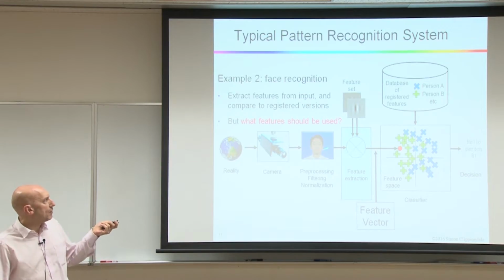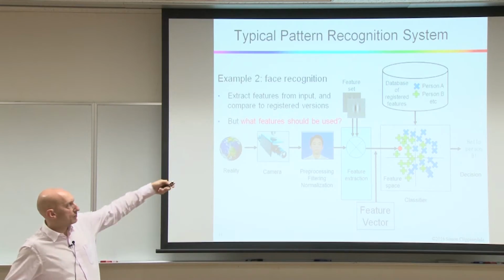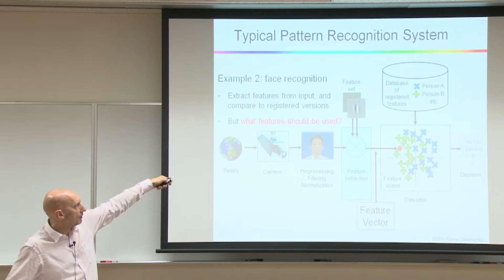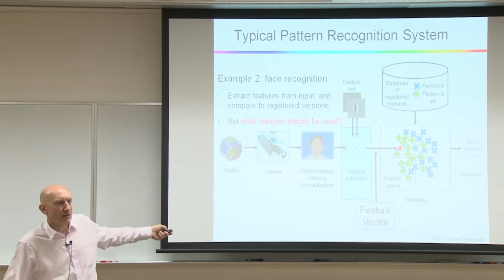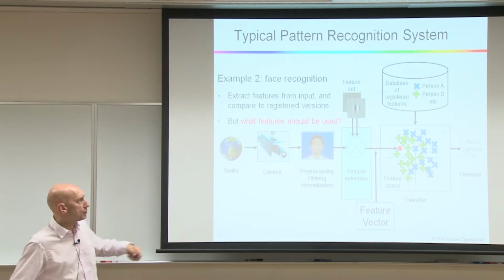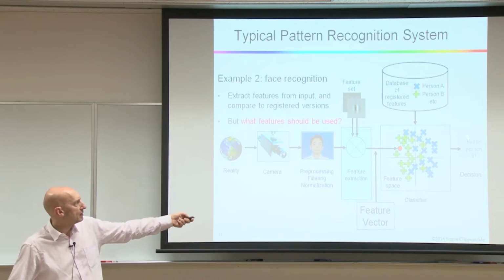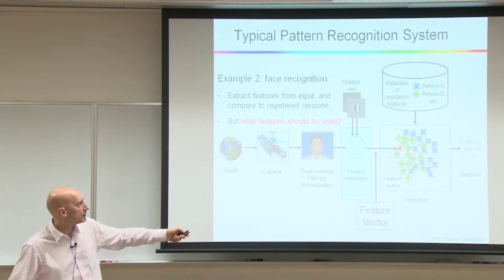In order to find out who this guy is, we have to compare this red dot with some stored data in a database. So in this case, we've just got two people in the database, A and B, and when we plot their features extracted the same way on our feature space, they pan out like this.